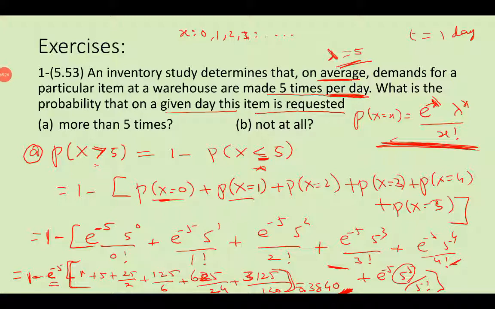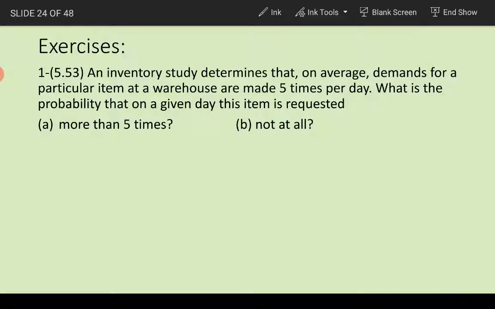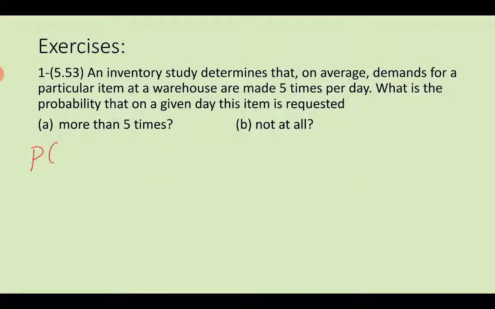The next problem, second case: x is 0, isn't it? Probability of x equal to 0. Write the formula: e raised to minus lambda, lambda raised to x, divided by x factorial.